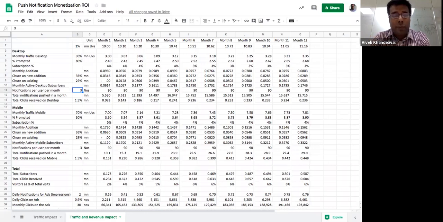If you increase this number, these two churn numbers will increase drastically, and we'll talk about this in the next slide, where I'll give you a quick overview of how subscriber churn looks over a period of 30, 60, 90, and 100 days.